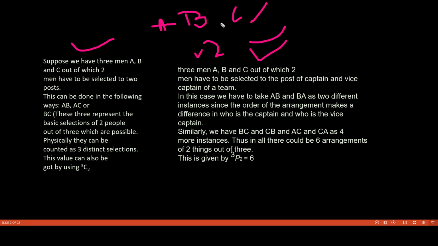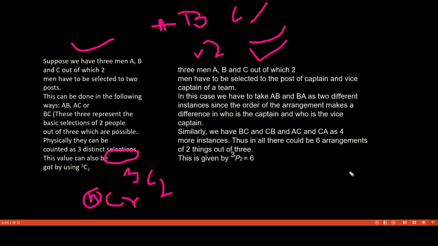So definitely you will use the combination nCr, where n is the total number of people, 3, and C is combination and r is 2, the total number of posts that are to be filled. So here we are making selections, so we are using combination here.